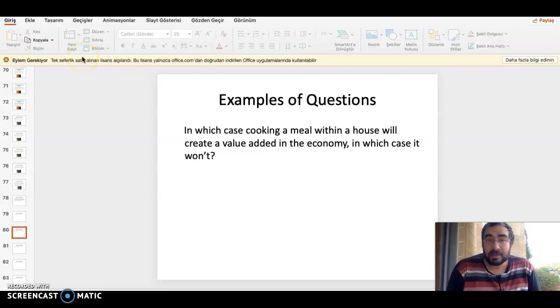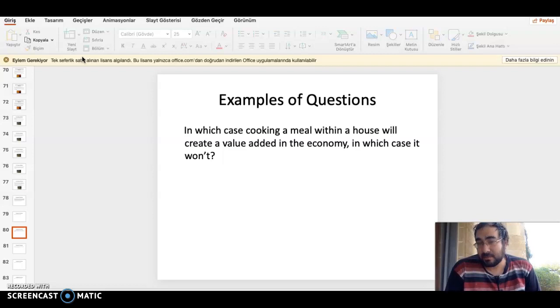In which case will cooking a meal within a house create a value added in the economy, and in which case won't it? If you cook a meal in the house and then sell the meal, which happens in some cases, there are some small restaurants where home cooked meals are brought and sold. Another possibility might be you cook the meal and bring it to a charity and sell it.